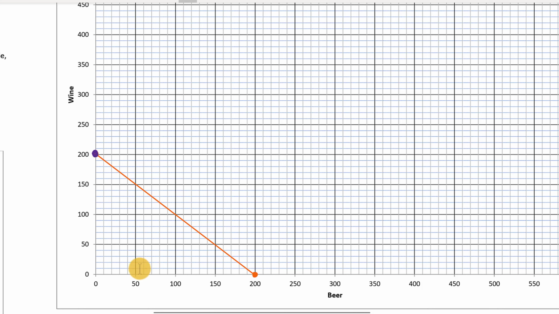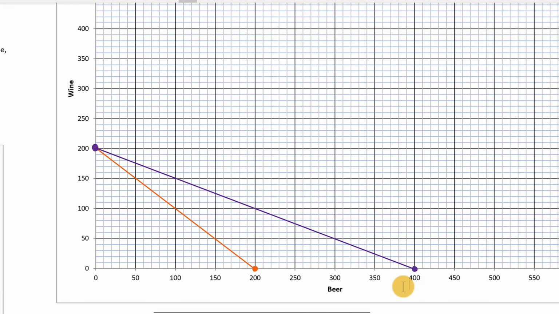But on the other extreme, since in the United States, we assumed that the workers are a little more productive at making beer, each worker could make 4 barrels of beer in one day, then the other extreme allocation of resources would be down here at 400 barrels of beer.